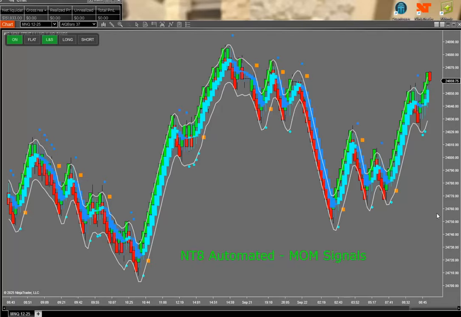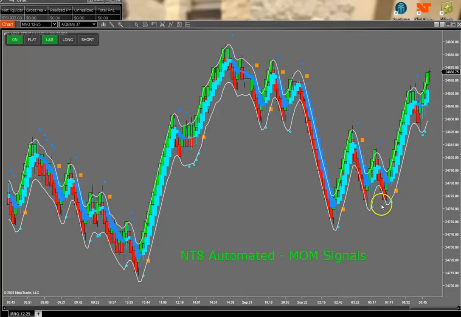then trade your signals during that time period. Okay, so we're sitting here seeing if we can get a signal on the Mom Strat. If we got a long signal, that would be a continuation, or what I call a sequential signal. We've had one long signal, and if we get another one, that would be a secondary long signal.